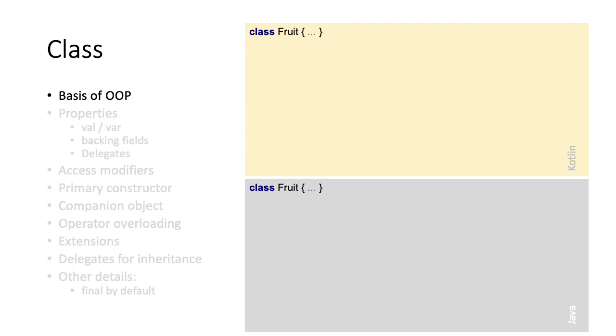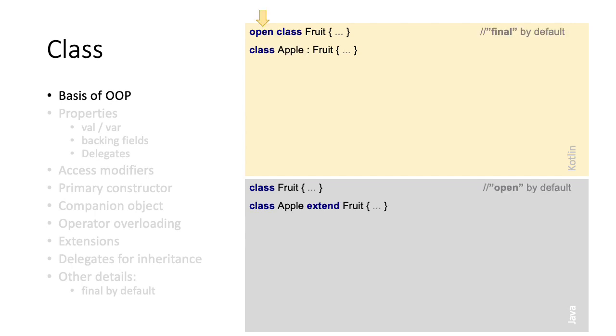Let's look at classes in Kotlin. Its declaration seems similar to Java, and we will use Java for comparison of class features. All classes are final by default and need to be declared open explicitly if you want them to be inherited. Notice the difference in syntax to extend a class.